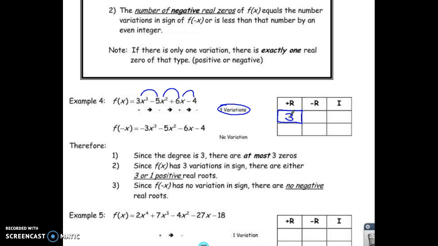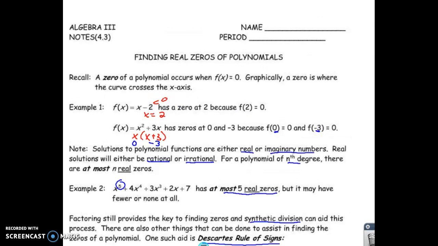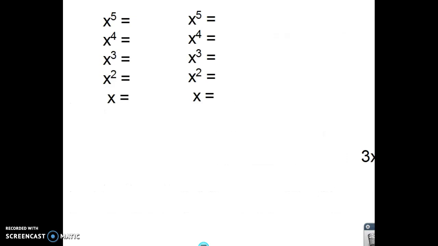All right, before we go on to the next step, let's just take a quick peek back here. If I let x equal 1 here, and plug it in, 1 squared is still 1, 1 cubed is 1, 1 to the 4th is 1, 1 to the 5th is 1.